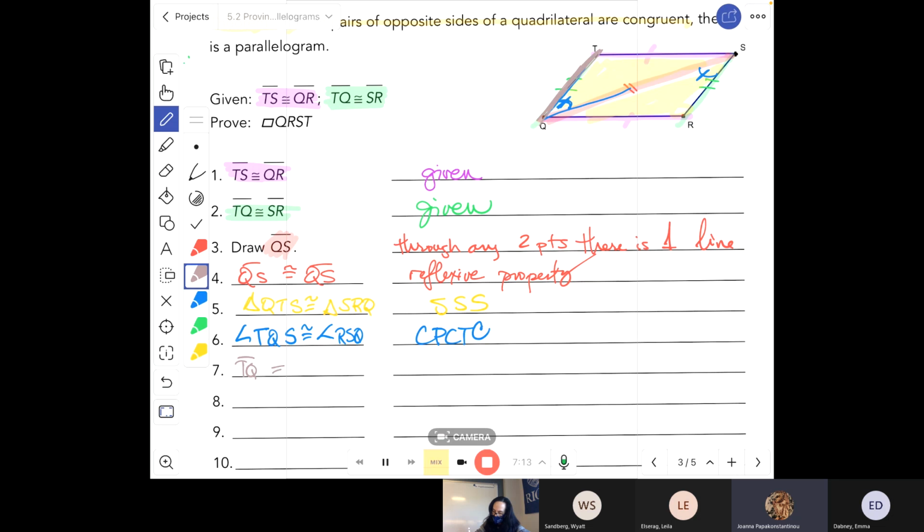Okay, it is congruent to SR. Oh, that is a given. Yeah. What else can I say about TQ? Yes. To what? Yes. So these are not only congruent, they're parallel. And if they're parallel, how do we know that? The alternate interior angles imply the lines are parallel.